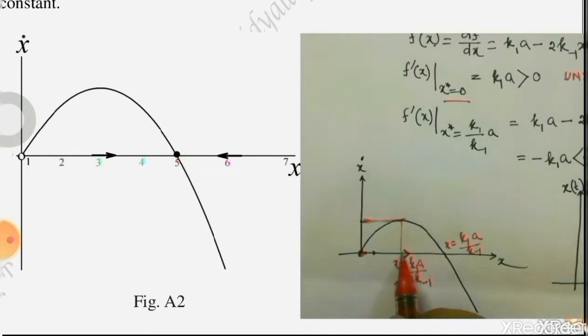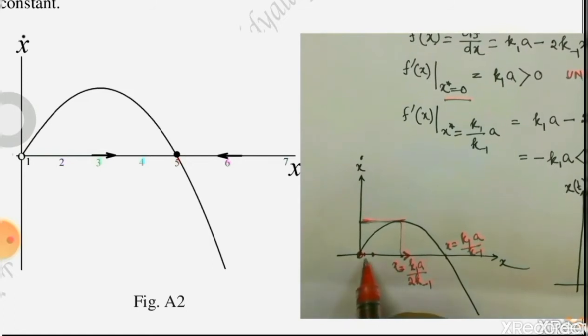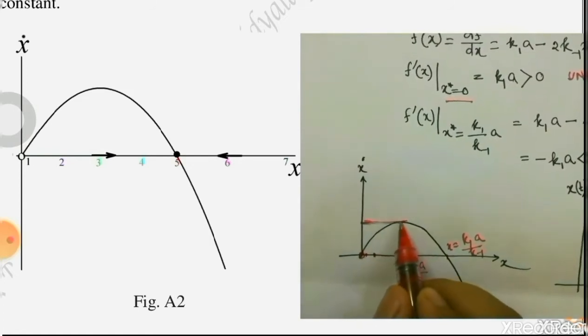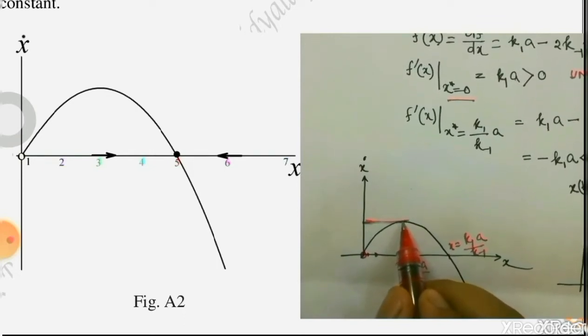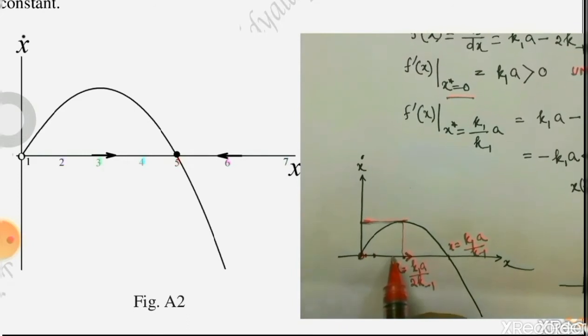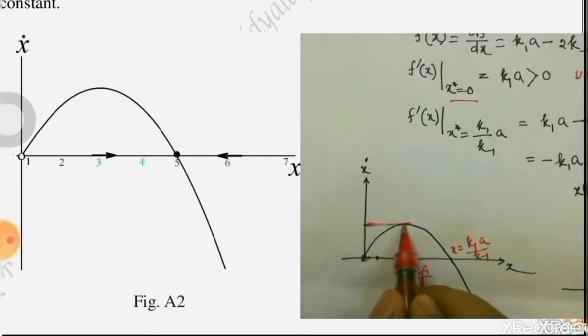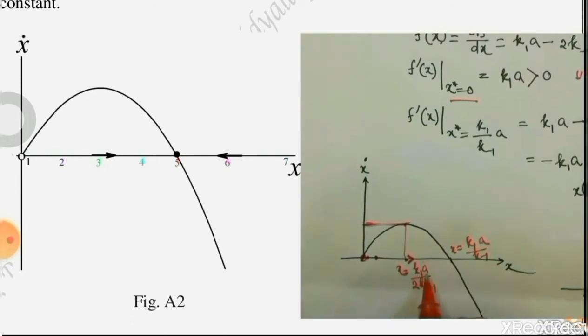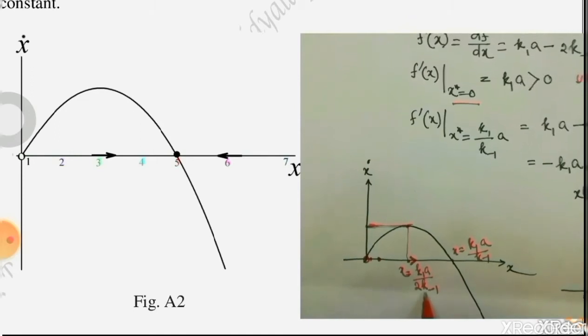So up to this value of x, the concentration will increase faster and faster, because as x increases, x dot also increases and reaches a maximum value at x equal to k1a by 2k minus 1.